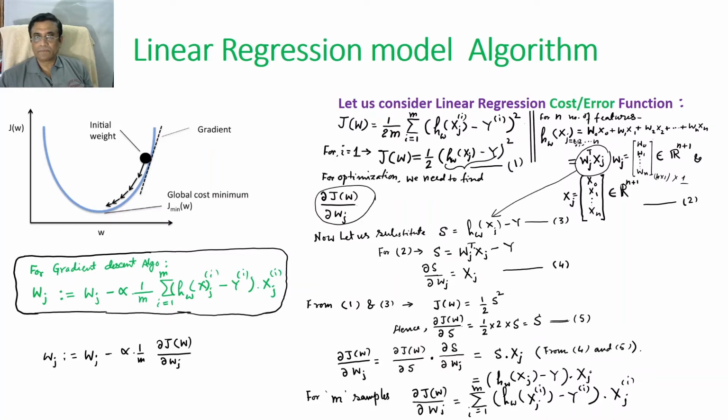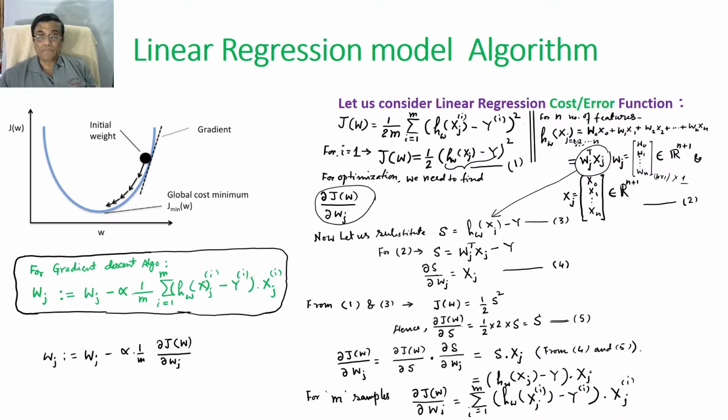This is a vector, but do not worry, it is a little linear algebra. It will be the same as if you consider it as W, so it will be xj. And since y is not a function of the parameter, its derivative is 0, because it is a label. In the case of our housing price, this is the actual price of the house. So you know that.